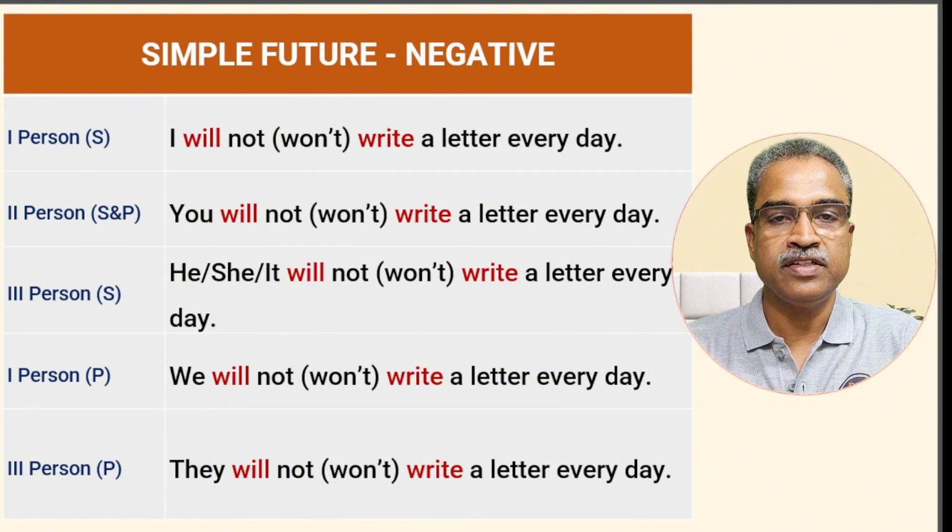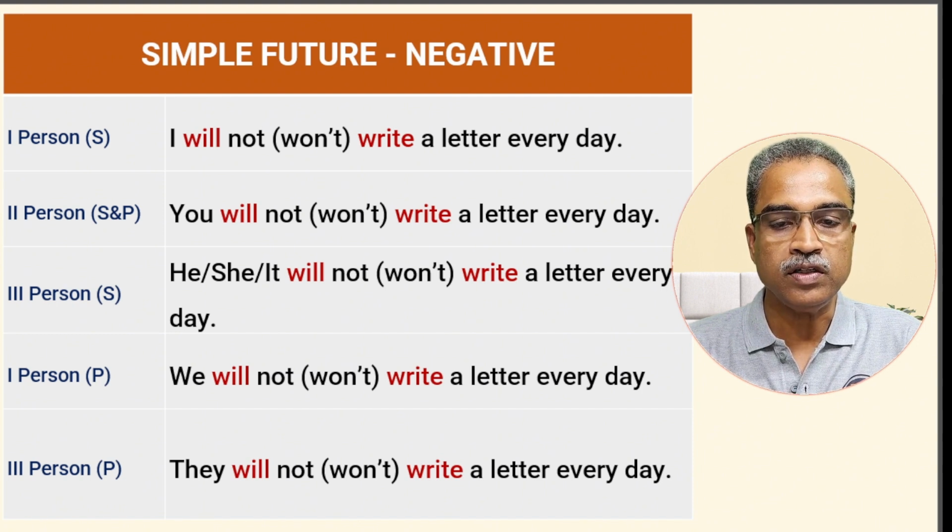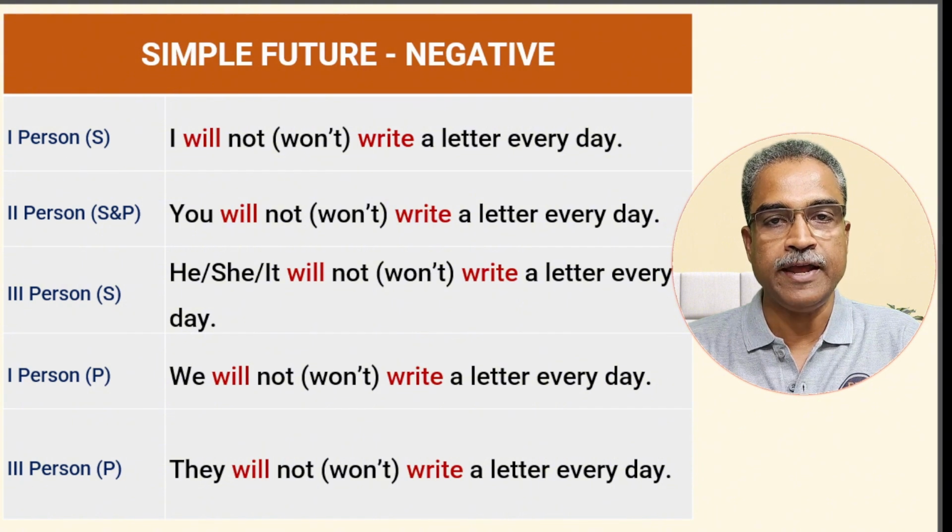And then the will is a modal auxiliary. So it's an auxiliary verb. So the not should come immediately after this auxiliary. So I will not. And will plus not, the contracted form is won't. I won't. So I will not write a letter every day.